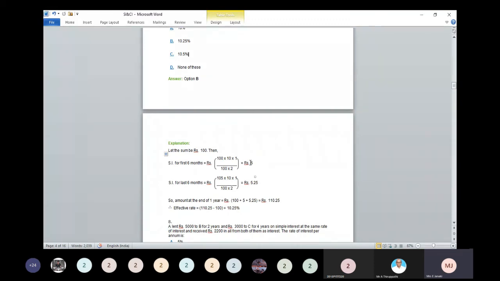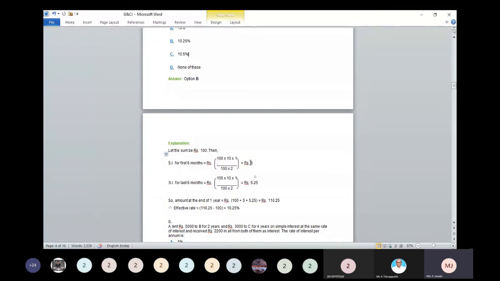So anyway, the total interest amount for the whole year is 10.25. But what is the principal amount you invested? 100 rupees. Plus this interest amount 10.25. So the total amount at the end of the first year is 100 plus 10.25, that is 110.25.